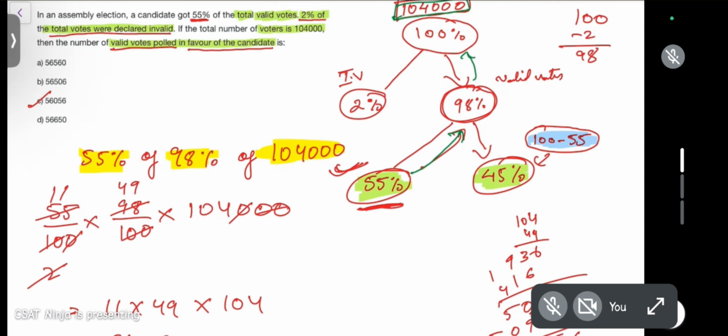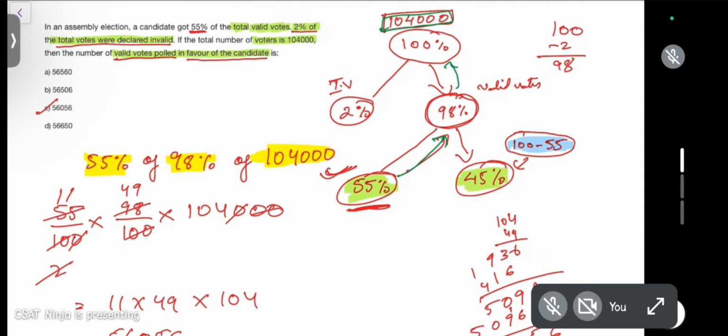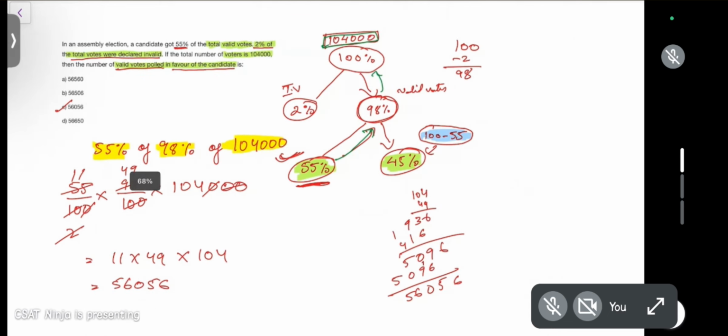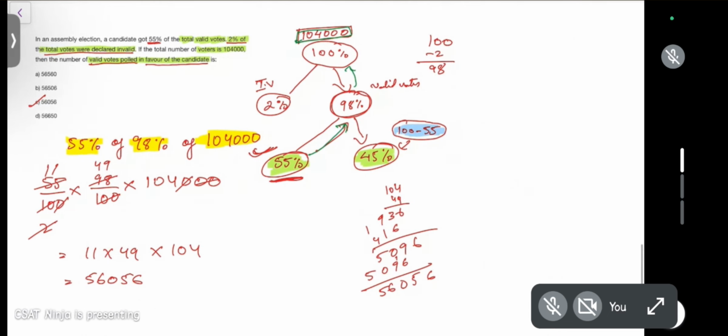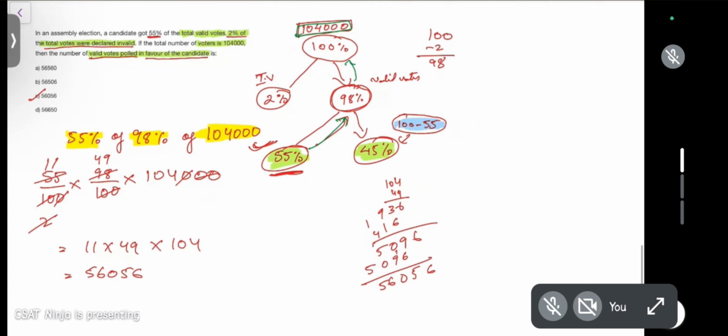Yeah, this is one approach, and the other approach can be like this. If you follow my method, which I use often, 100% is 104123. 1% is how much? Leave this one, it will confuse you.